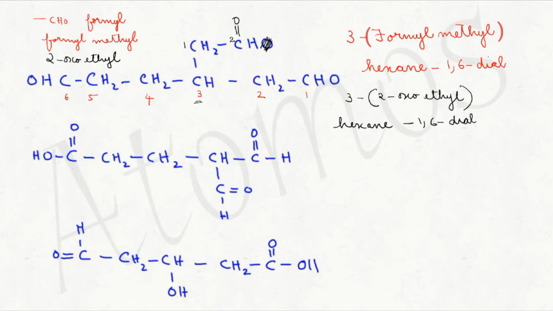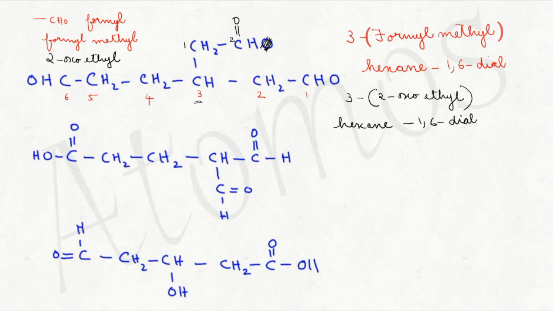In this way also you can write the name of this compound. So how to remember? If you are including this carbon also for numbering, usually we will name it as oxo. Otherwise, if you are excluding this aldehyde group, we will write it as formyl. So you can remember that.